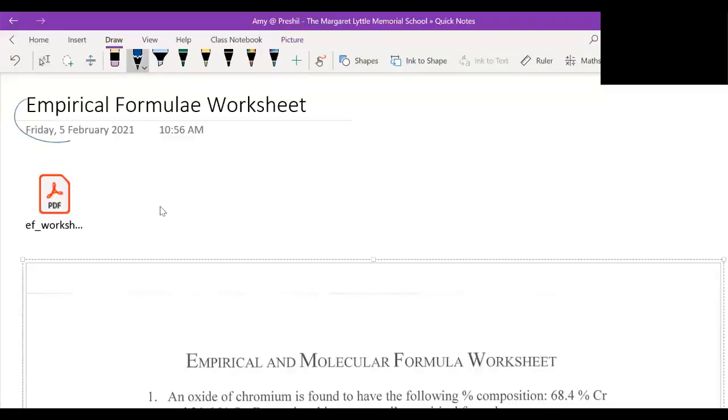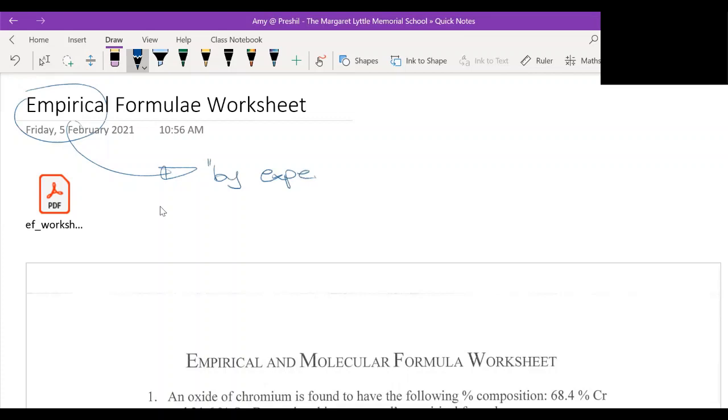The word empirical is really important, and I say this as somebody who is both a chemistry and a TOK teacher. The word empirical comes from a particular philosophy which says that the truth can only ever be found by experiment.